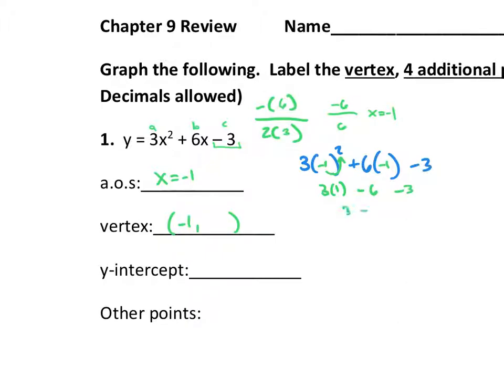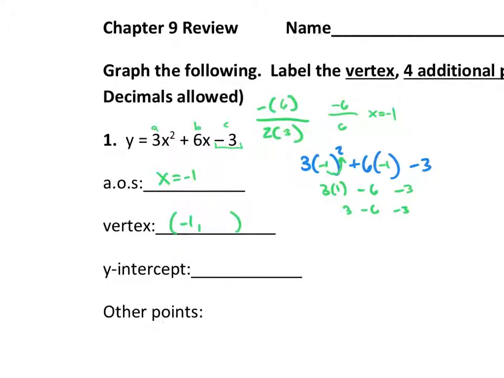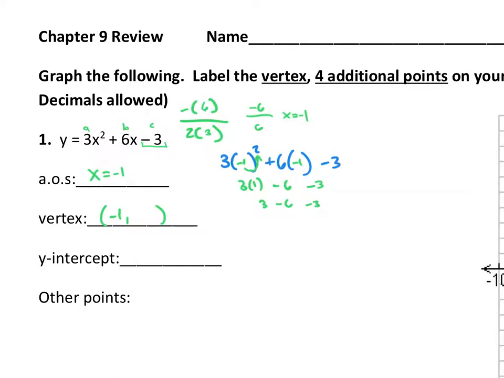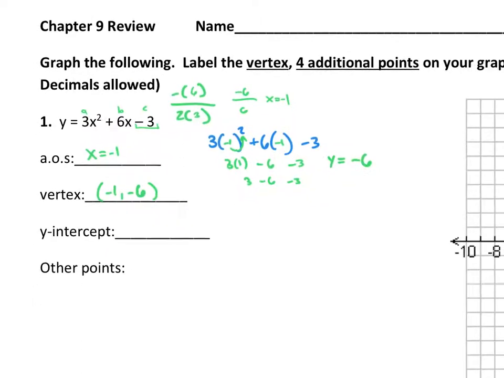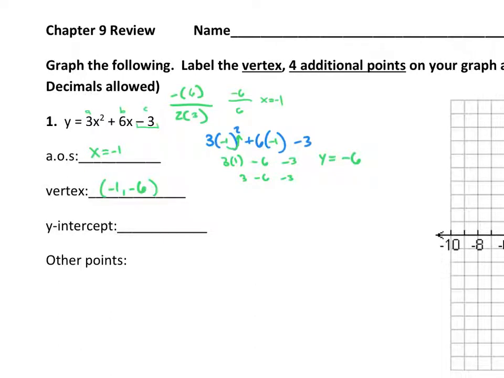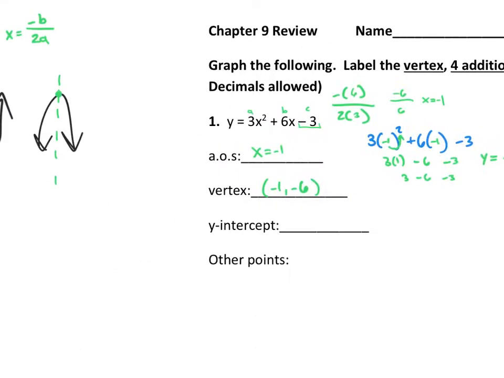So we have a 3 minus 6 minus 3 to get that our y-coordinate is equal to negative 6. So now we know our vertex is negative 1, negative 6. The y-intercept is always 0, comma, c value. So in this case, 0, comma, negative 3.